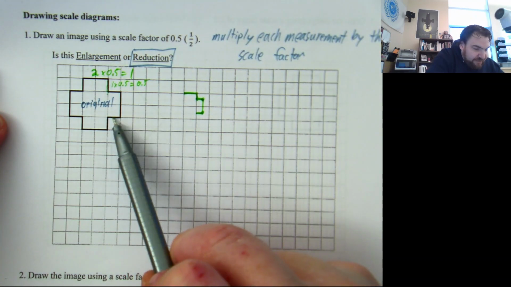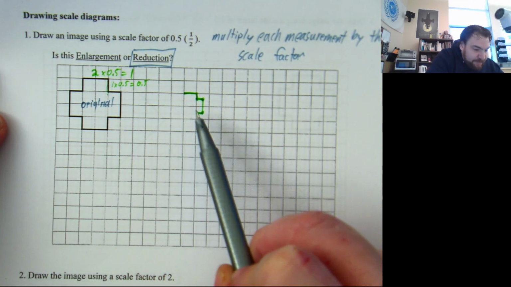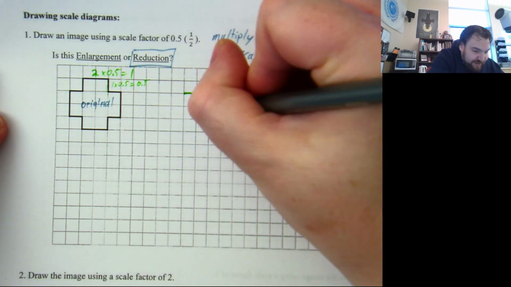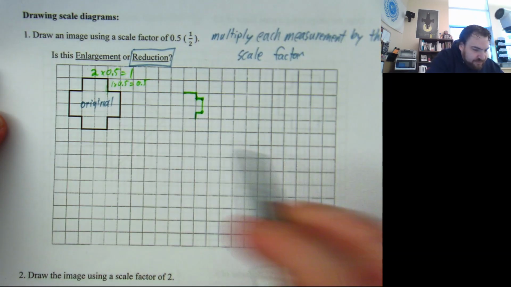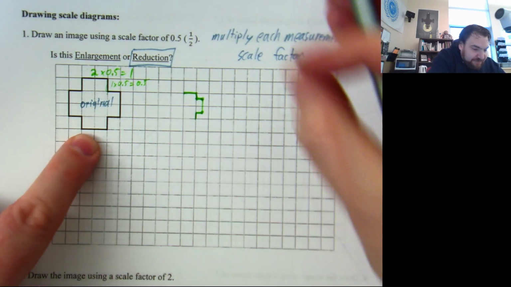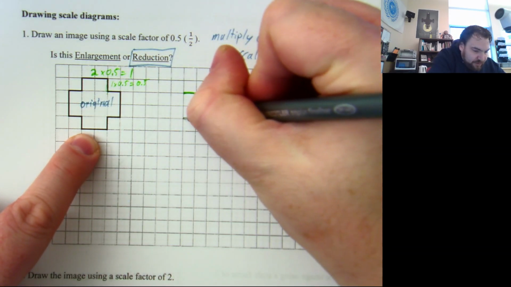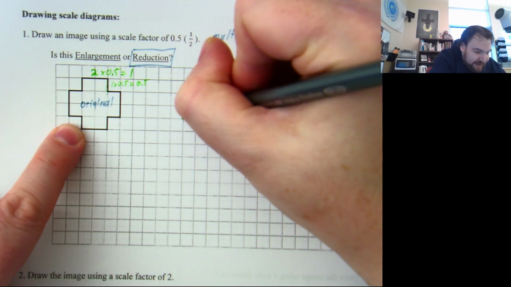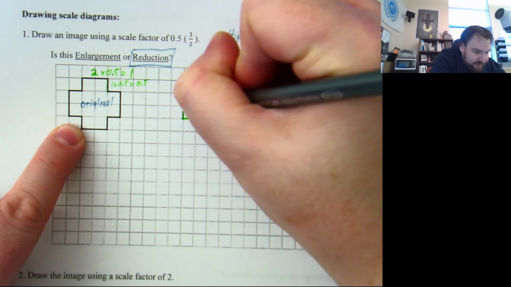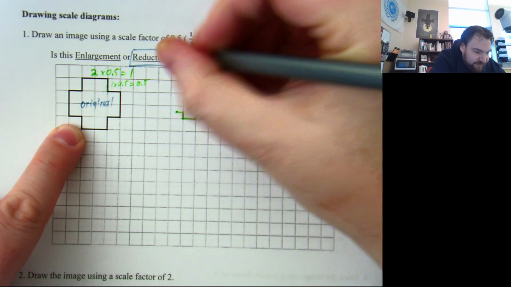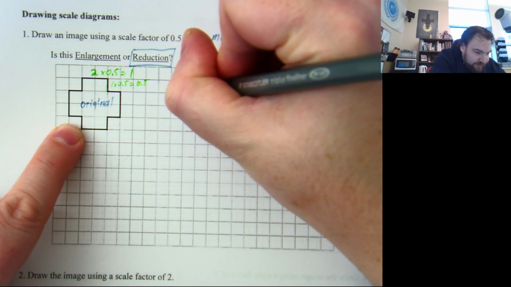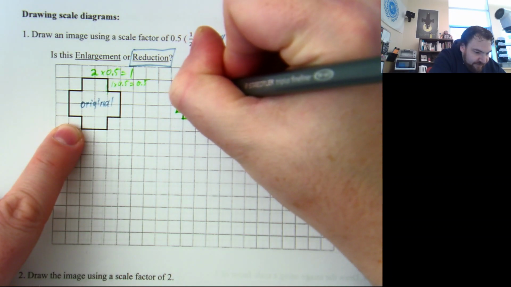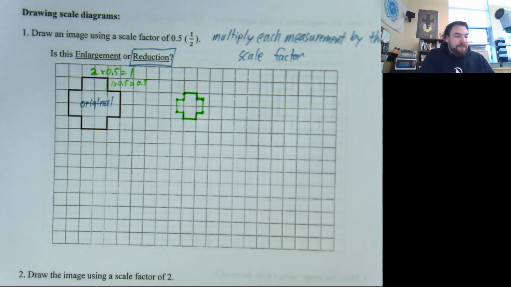So this side length of 1 becomes a half of a box. This side length of 1 is a half of a box. This side length of 2 becomes a side length of 1. And then again a half, and then a half, and then 1, and then a half, and a half.